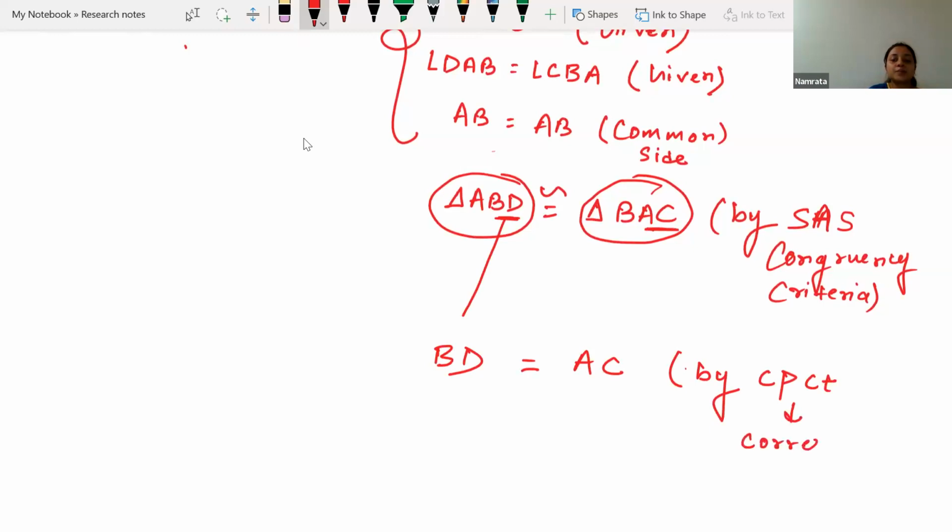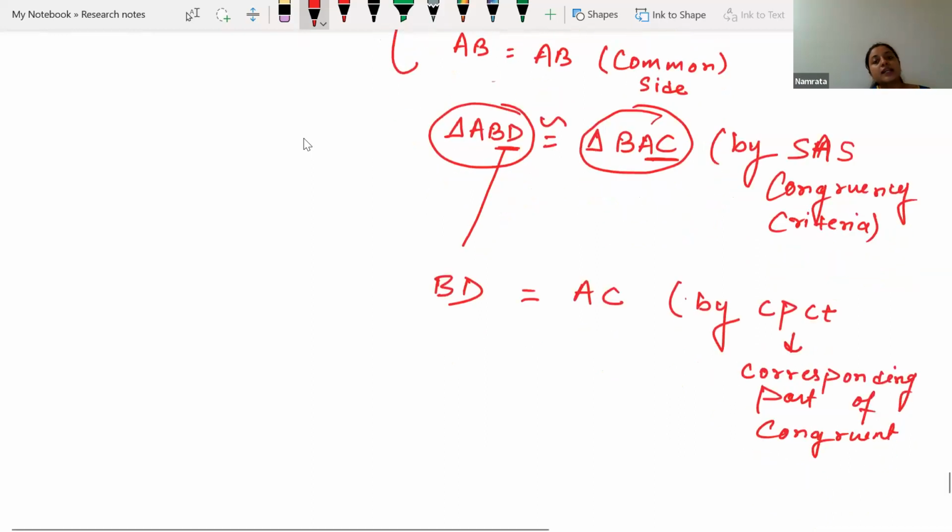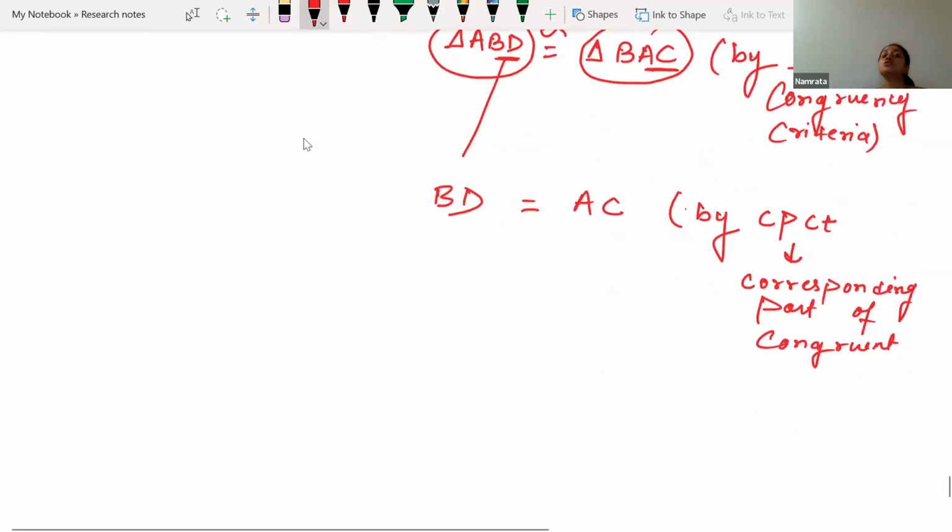Corresponding part of congruent triangle. So corresponding parts of congruent triangles will automatically be the same once you declare that two triangles are congruent. So every time, rather than writing, since these two are corresponding parts of congruent triangles, that's why these two are the same, we are only going to write by CPCT.